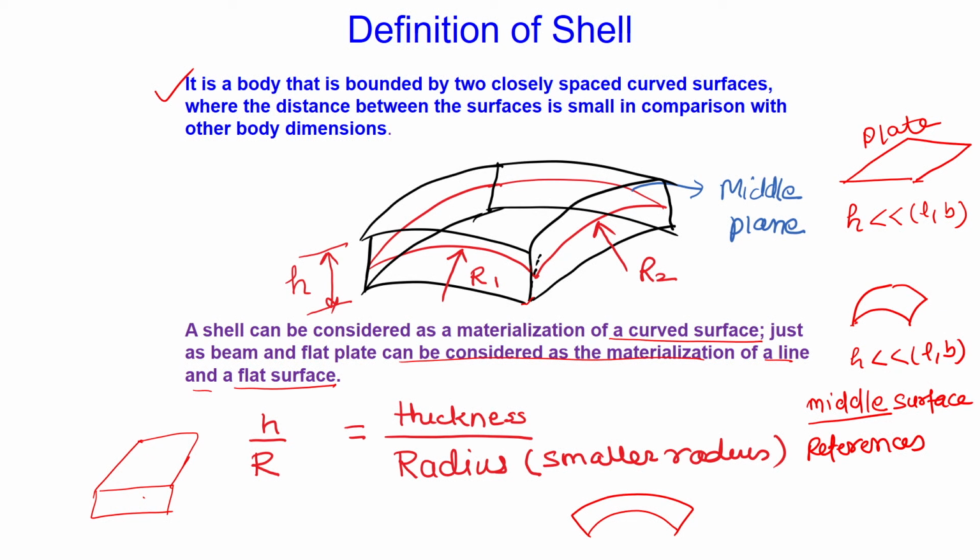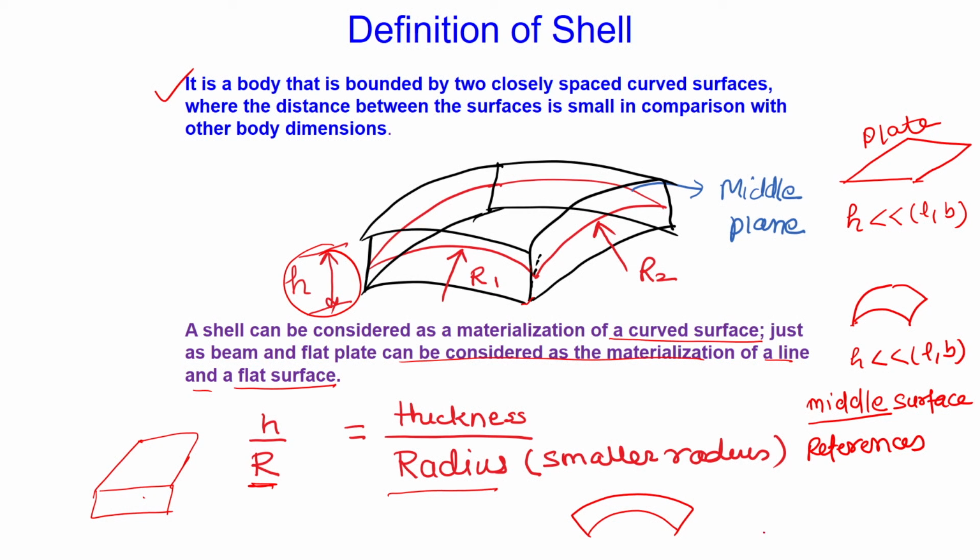Then how do you define that a particular shell is thin or thick, what is the basis? Basically, it is the thickness divided by the radius of the shell. Generally, if it is a doubly curved surface, we will have two radii, R1 and R2. Which radius? The smaller radius we are going to put here.